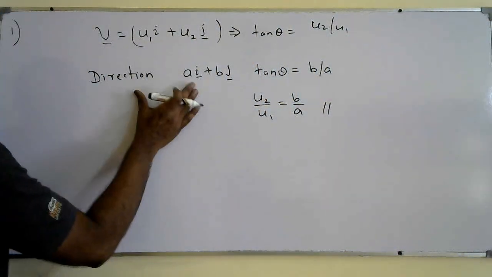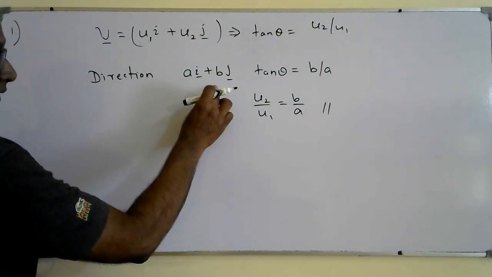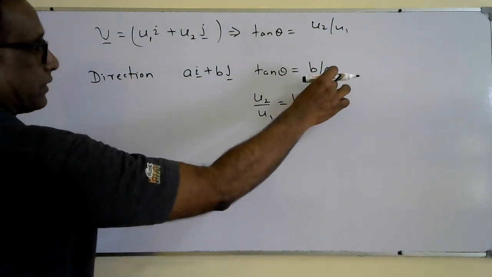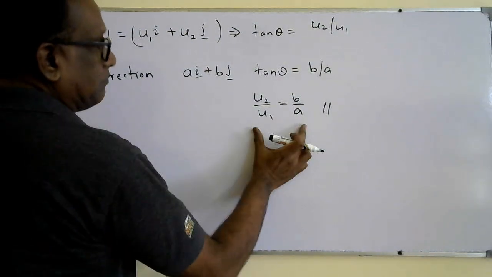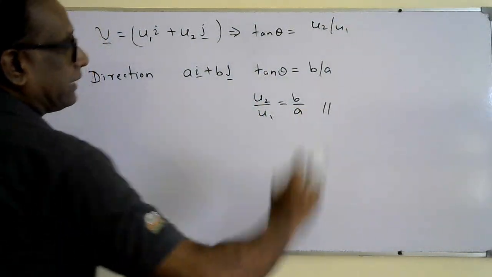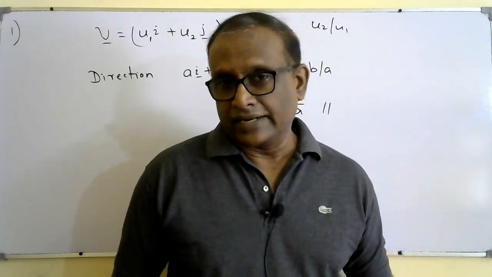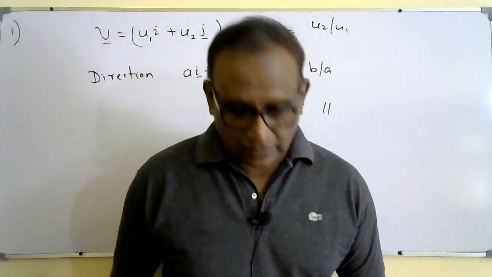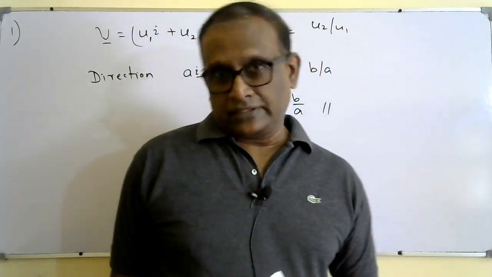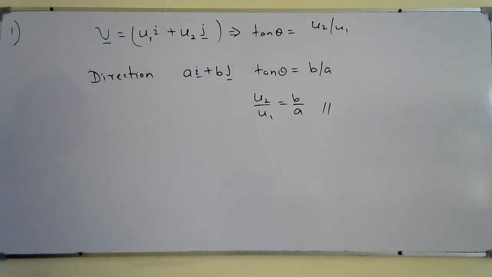If the directional vector of the velocity is given as ai plus bj, the direction is b over a, where both should be the same, meaning u2 over u1 should be equal to b over a. That's all you must know related to vectors. Based on that, the first question based on this idea, we'll do that now.